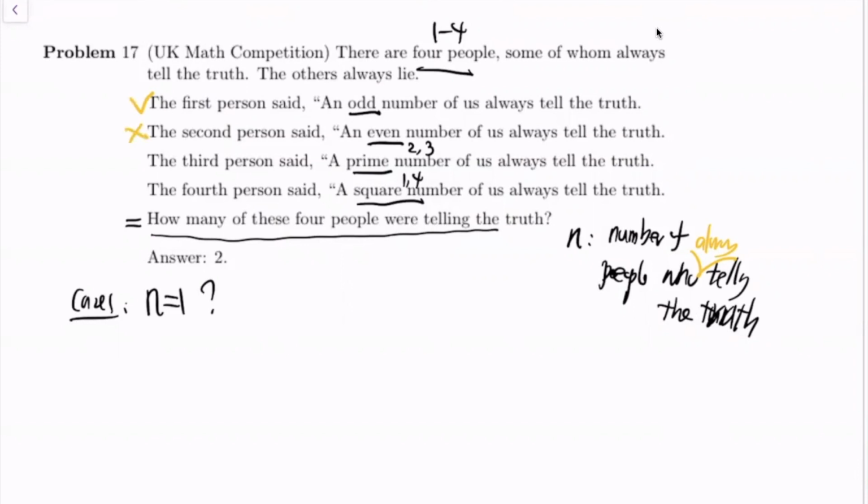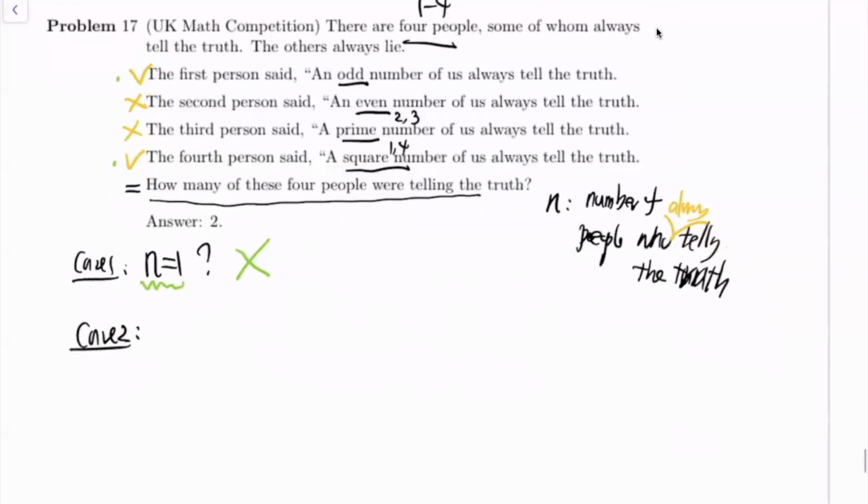The third person said a prime number, which is false, because one is not a prime number. The fourth person said a square number, and one is correct. So that means you actually have two people telling the truth, which contradicts the fact that there's only one person telling the truth. So this is impossible.